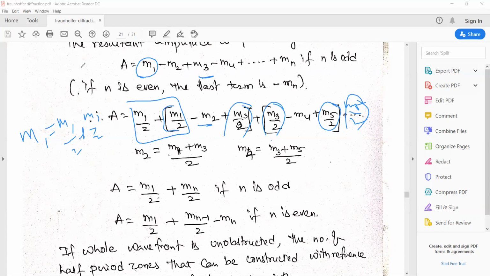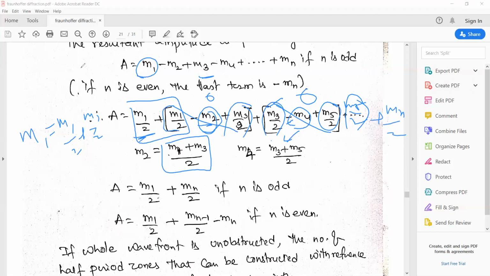Since earlier I said they follow an arithmetic progression, M2 can be written as M1 plus M3 by 2. Similarly, M4 can be written as M3 plus M5 by 2. So you see M3 plus M5 by 2 already came, minus M3 plus M5 by 2, so this term will be 0, this term will be 0. Only the final term is left out, which will be Mn by 2.